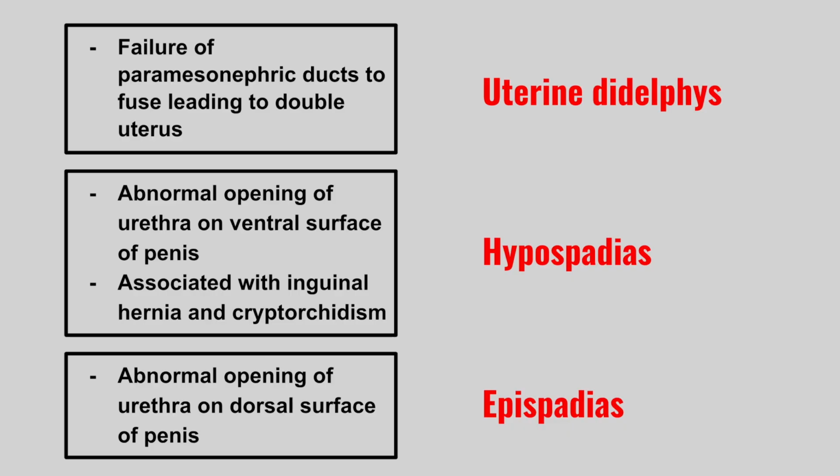So this is epispadias. Next, we have sudden pelvic pain, nausea, vomiting, and this happens due to twisting around the infundibulopelvic and ovarian ligament. So this is ovarian torsion.